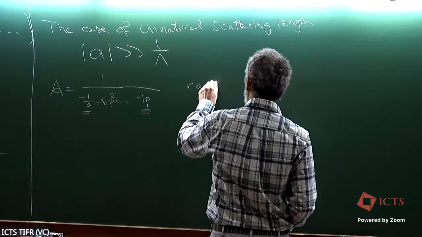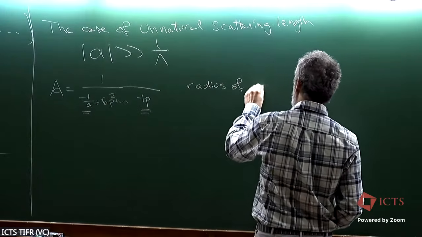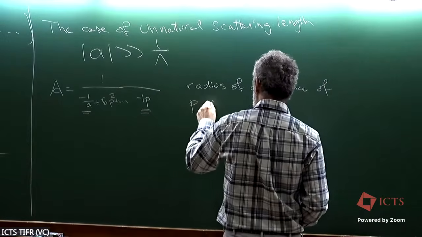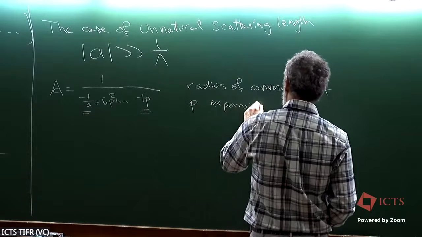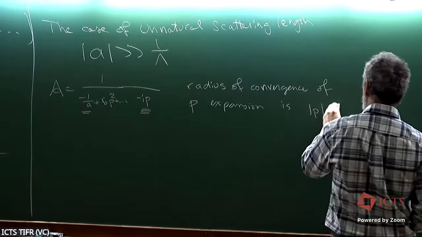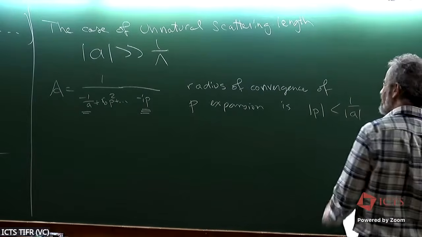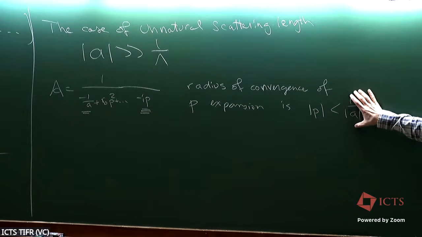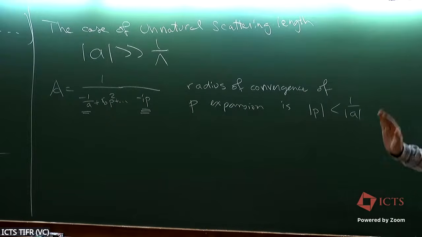The radius of convergence of a p expansion is that p has to be less than 1 over a. Now, if you look at neutron-proton scattering in the 1S0 channel, 1 over a is a scale, it's about 8 MeV. Okay, so to say you can only do nuclear physics at momenta up to 8 MeV and then we don't know what's going on, that's sort of not very good, right? We want to go to higher energy than that.